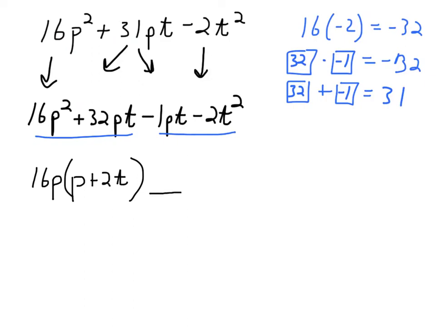So we'll leave ourselves a blank space and duplicate that p plus 2t over here on the right side. And now we want to kind of reverse multiply. What do we have to put in front of this parentheses here? So it would multiply out to equal a negative 1pt minus 2t squared. And the answer to that is going to be a minus t.